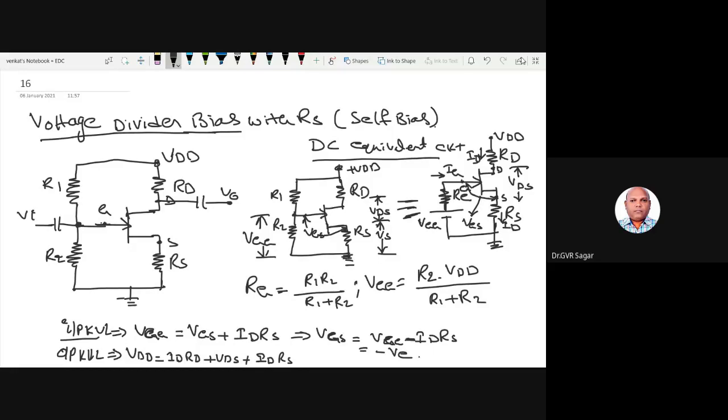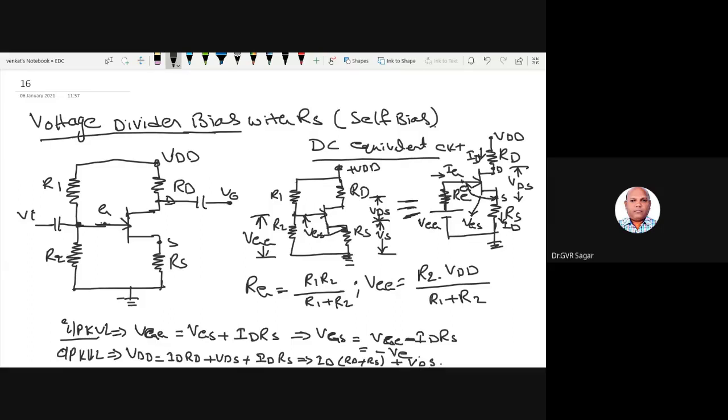Is it not? Same, if you take ID as common here, this implies ID times (RD plus RS) plus VDS. Is it not?